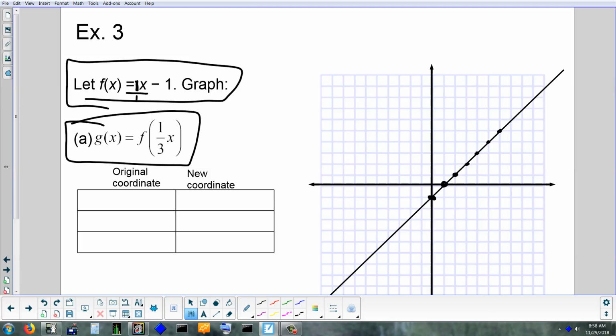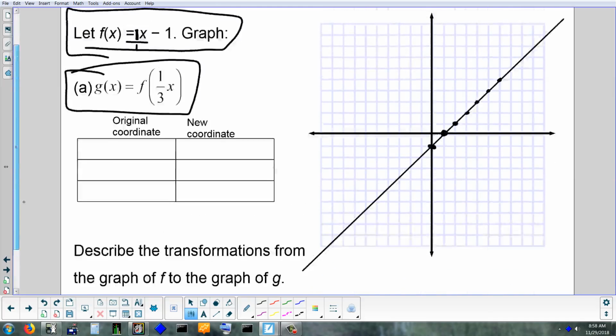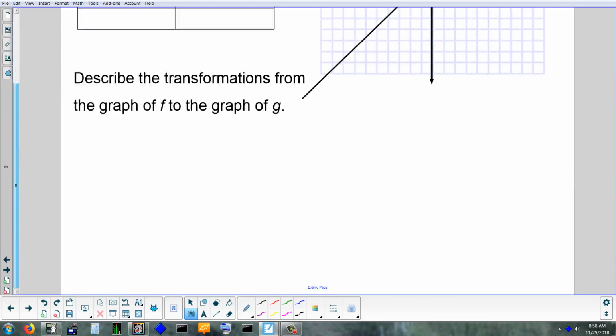Okay. So did they ask us to describe it? Yeah. So let's describe it. What's the phrase to describe it? Horizontal stretch by, can someone finish that off for me? By factor of 1 over the number.